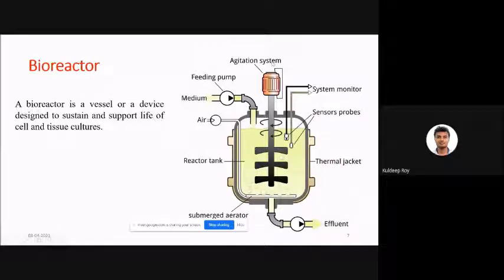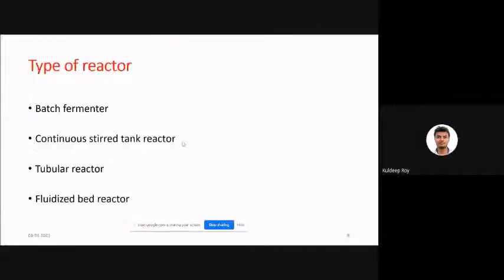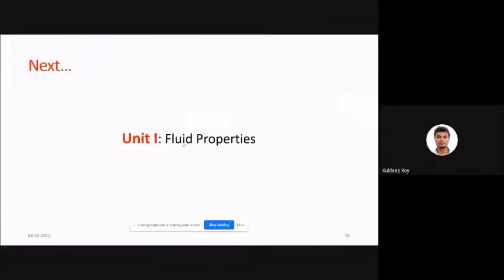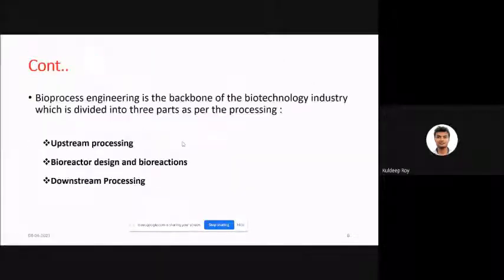You increase mass transfer by using agitation, and by adding air. So either way you are increasing the yield of the product. These are very fundamental things which I have discussed in the bioreactor and bioreactor design part.